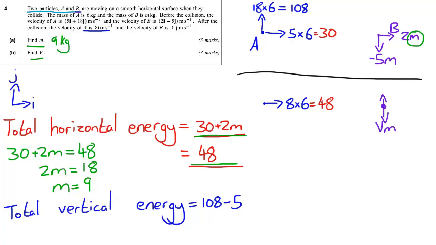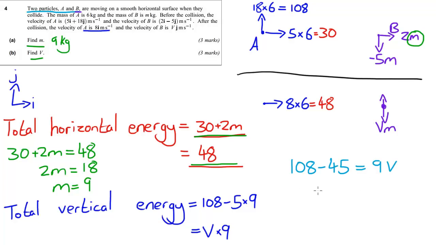m is 9, so we can do minus 5 times 9, and it also is equal to v times 9 as well. So final part, we can solve this by going 108 minus 45 is equal to 9v.